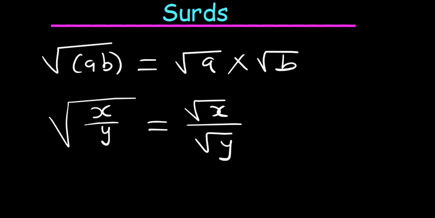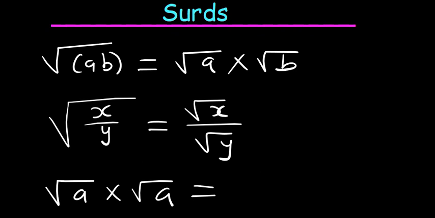The last expression that I can put is, if I've got the square root of a multiplying by the square root of a, when you multiply it, it should take you back to the square root of a multiplied by a under one root.